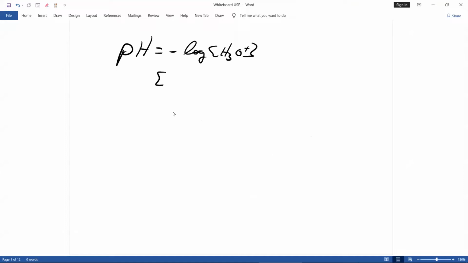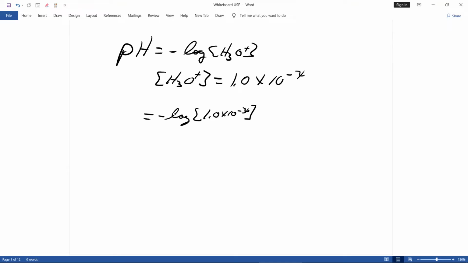If the hydronium ion concentration, H3O+, equals 1.0 times 10 to the minus x, which is my special gift to you, it doesn't have to equal that, then minus the log of 1.0 times 10 to the minus x. When this is 1.0, then the pH is x.